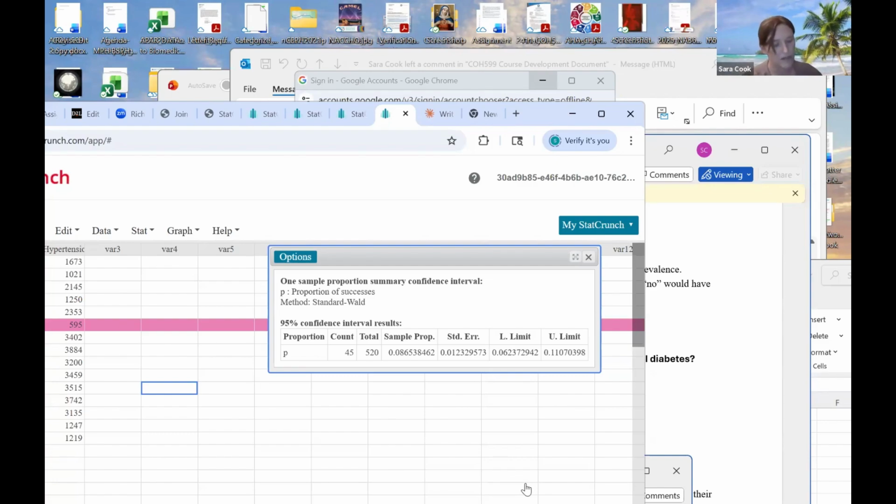The whole point of that is that we're making an analytic decision to assume that the don't knows are actually no, that they don't have type 2 diabetes. And we call this a sensitivity analysis. How sensitive are our results to the decisions that we make analytically? Those kinds of things do come up, because data isn't always perfect.